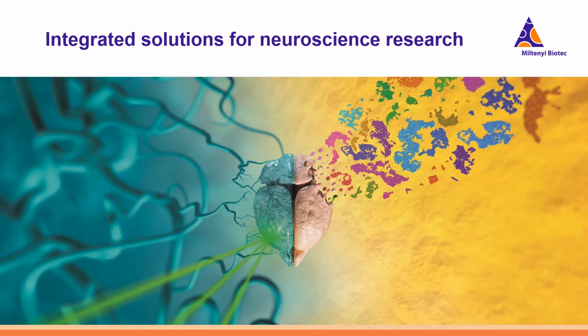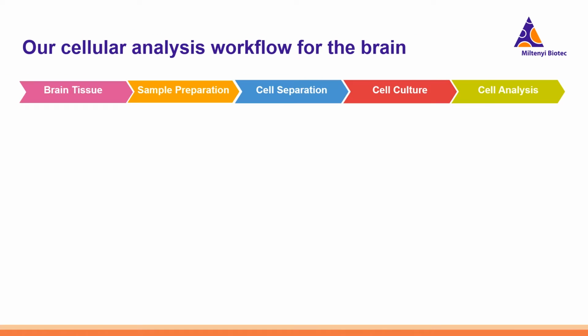This image represents our two main workflows that we established for your neuroscience research. On the left-hand side, you can see the clearing and 3D imaging workflow to acquire spatial information of the brain. And on the right side, you see the dissociation, separation and analysis workflow for the in-depth analysis of cells. For today, let's only focus on the right workflow.